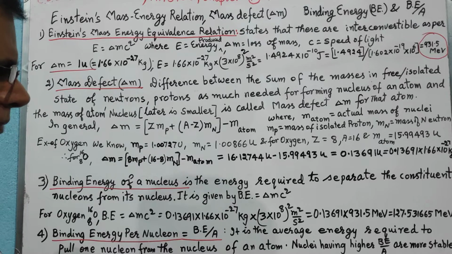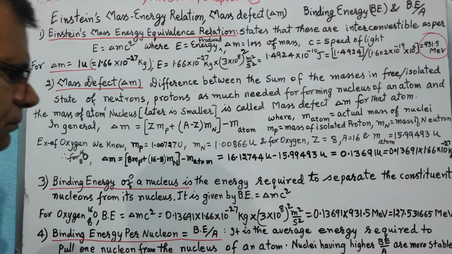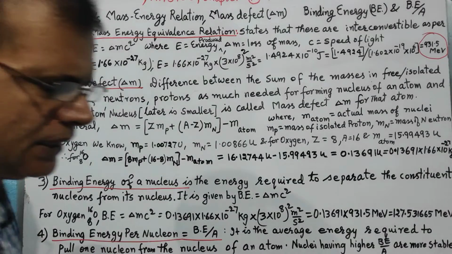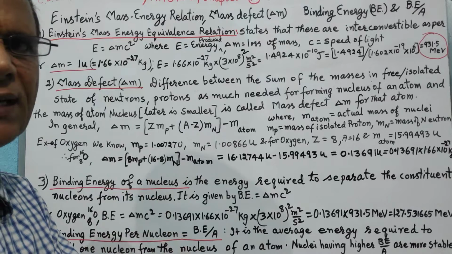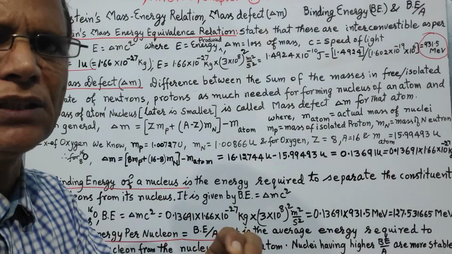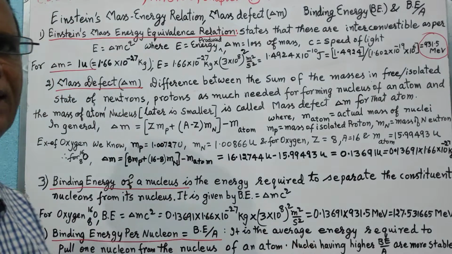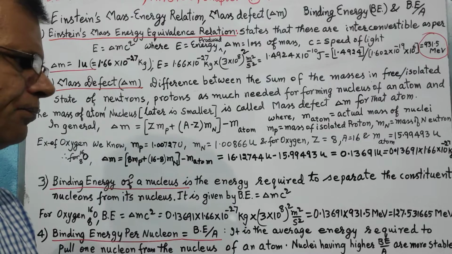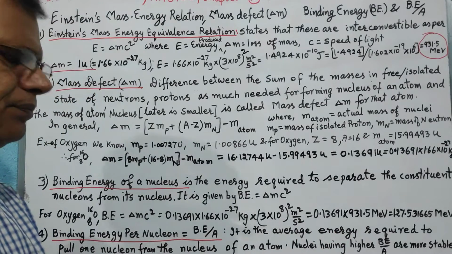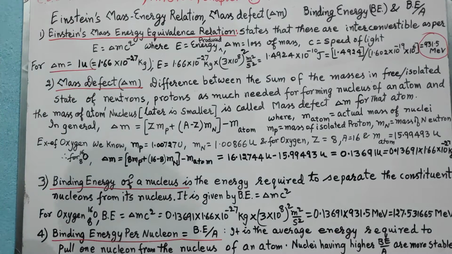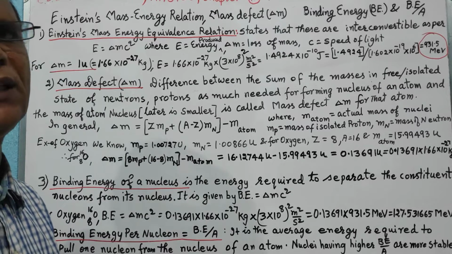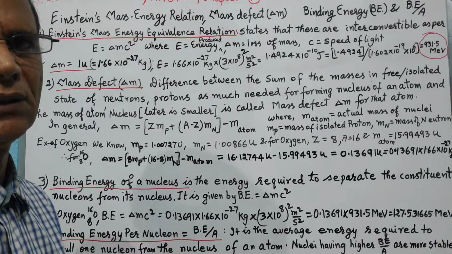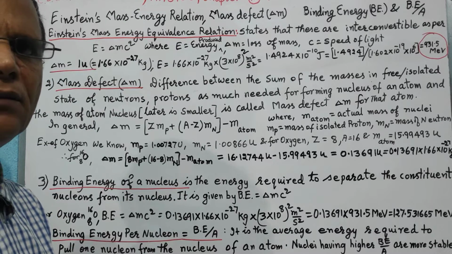So I hope that binding energy per nucleon is clear. It is actually the average energy required to separate one nucleon from the nucleus of a given atom. If the binding energy per nucleon has a higher value, the nucleus will be more stable. If it has a lower value, the nucleus will be less stable.